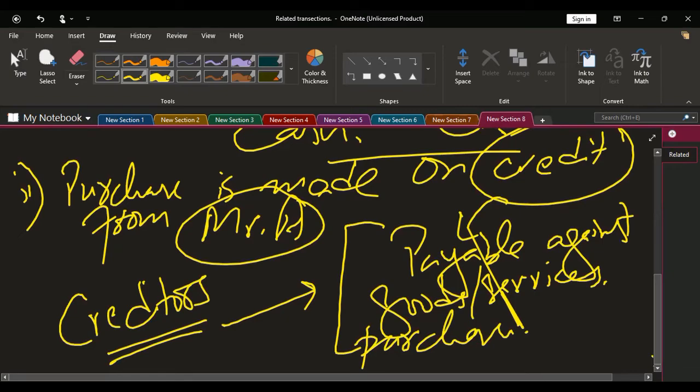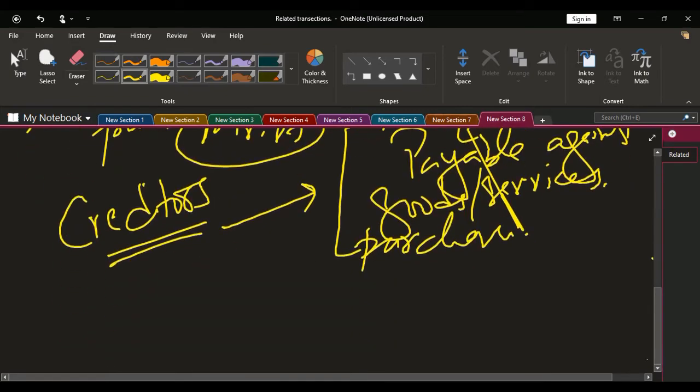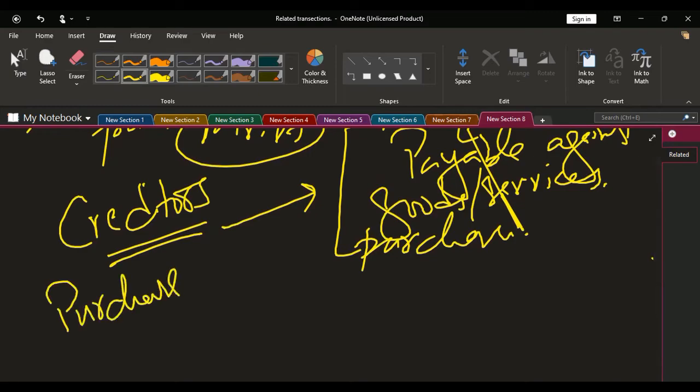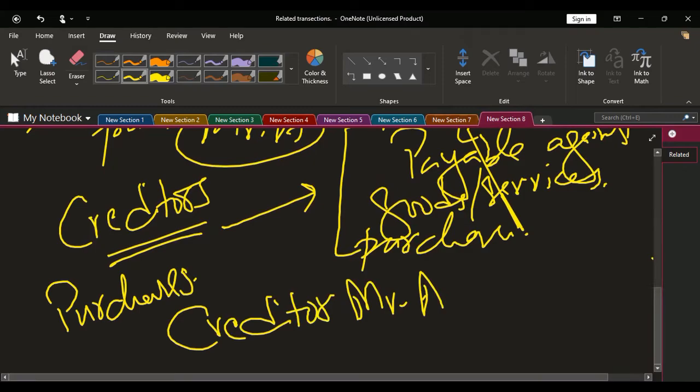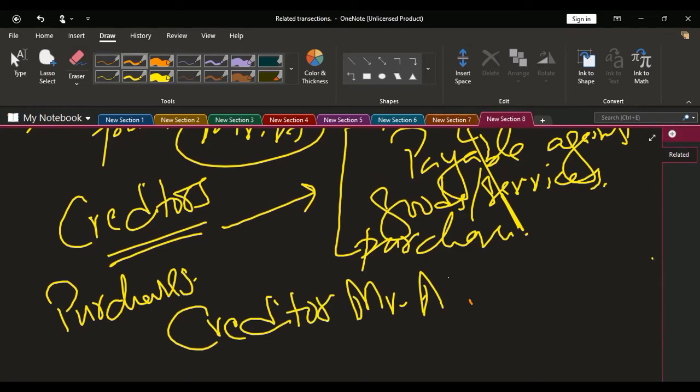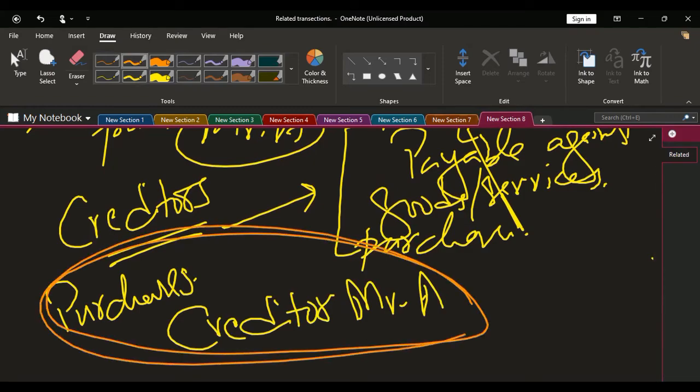Mr. A is our supplier or creditor to whom the amount is payable. So the entry will be: business expense increases, meaning purchases debit, creditor credit. This will be the journal entry that needs to be passed in our day book.